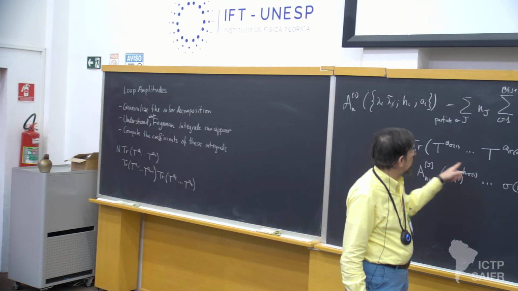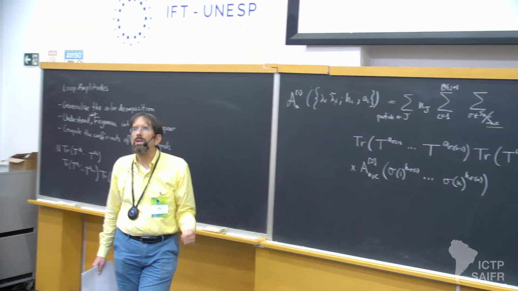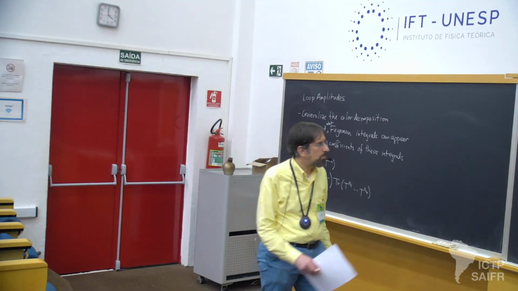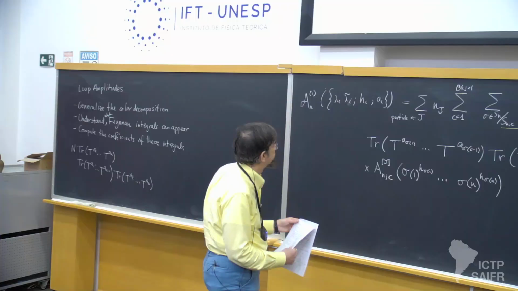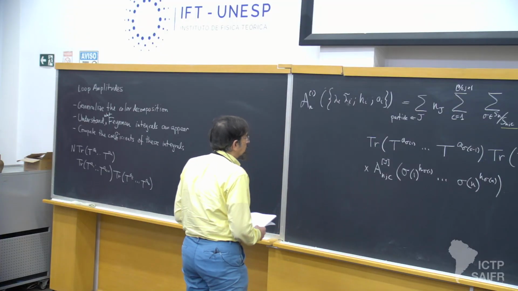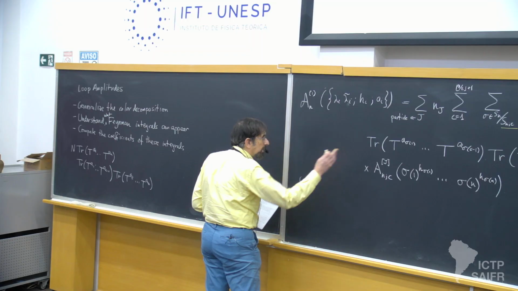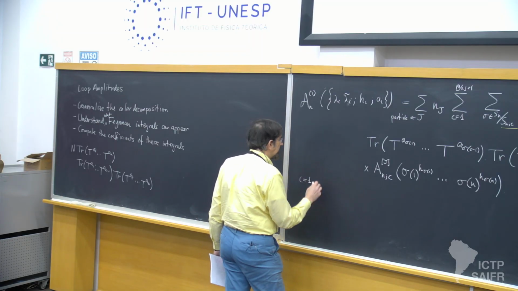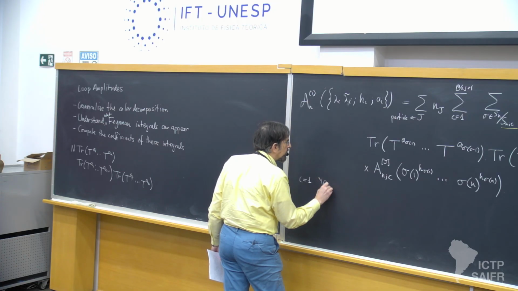And the corresponding color-ordered amplitudes have to have the same symmetries of the S_n over C, just as at tree level, except that the structure now is a little bit more complicated. So the C equals 1 term is the coefficient of the single trace, which I said is called the leading color. So that's the leading color.